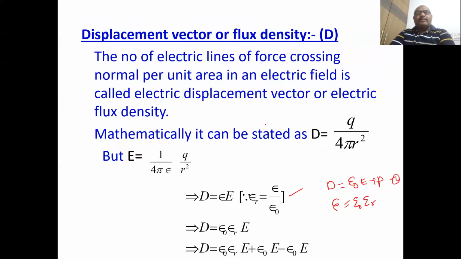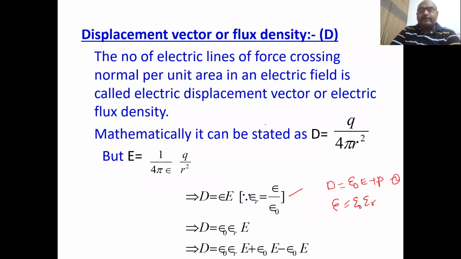Now the displacement vector, or flux density: the number of electric lines of force crossing normally per unit area in an electric field is called electric displacement. Mathematically, D is equal to Q by 4 pi R square, and E is equal to 1 by 4 pi epsilon into Q by R square.